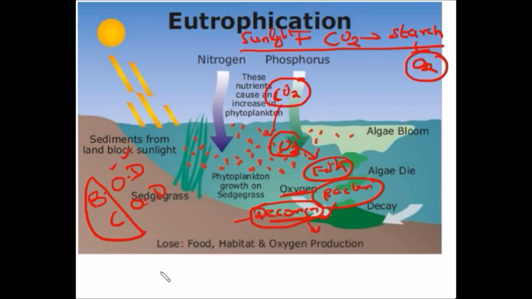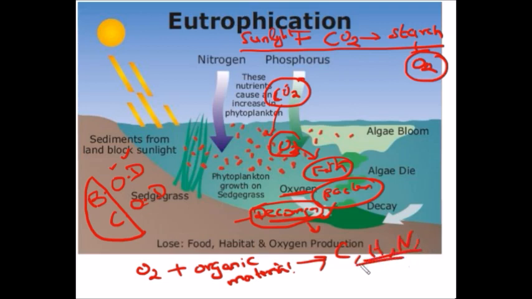Decomposers take the oxygen and decompose the complex organic material into simple forms like carbon, hydrogen, nitrogen. It's the role of decomposers. For that, oxygen is required. When a high amount of organic material reaches the water body through fertilizers, surface runoff water, etc., the demand for oxygen increases. That's called oxygen demand.